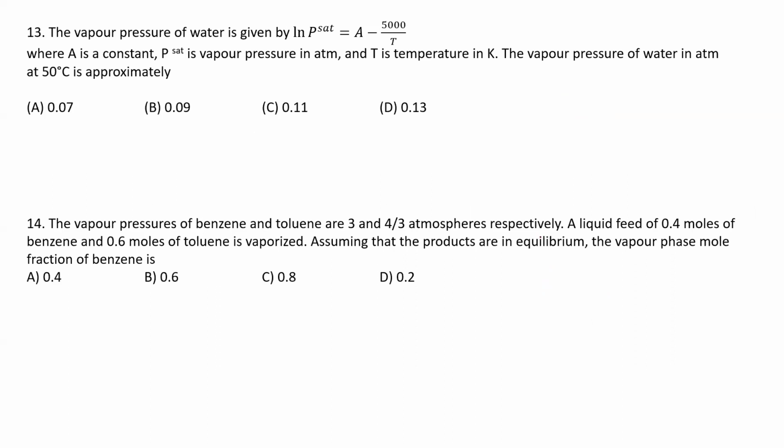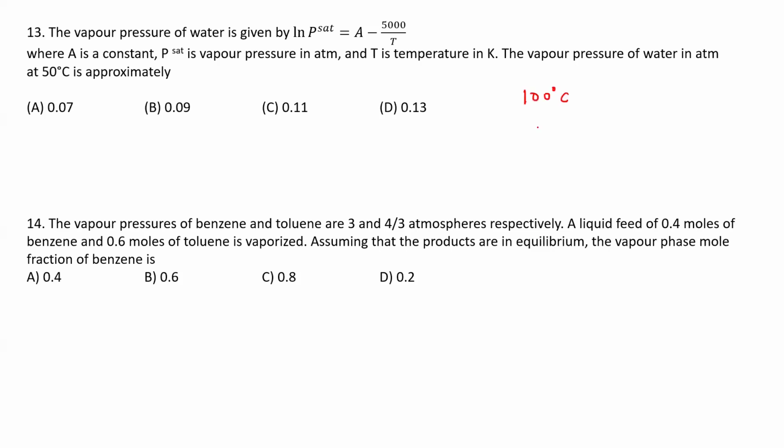The vapor pressure of water is given by an Antoine equation, where here we don't know the value of the Antoine constant A. The vapor pressure of water in atmospheres at 50 degrees Celsius is approximately... We know that at 100 degrees Celsius, 1 atmosphere is the vapor pressure.